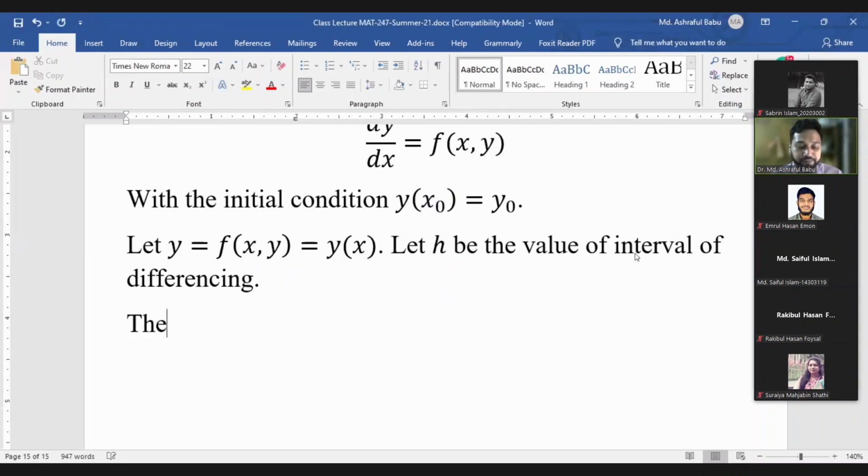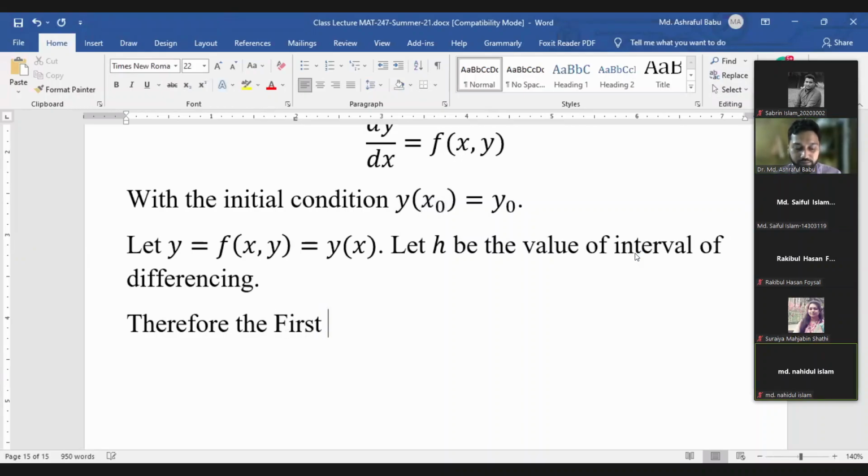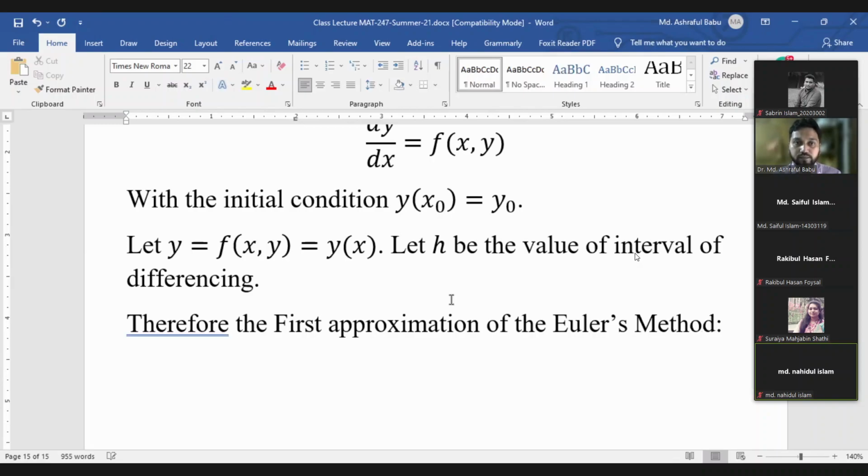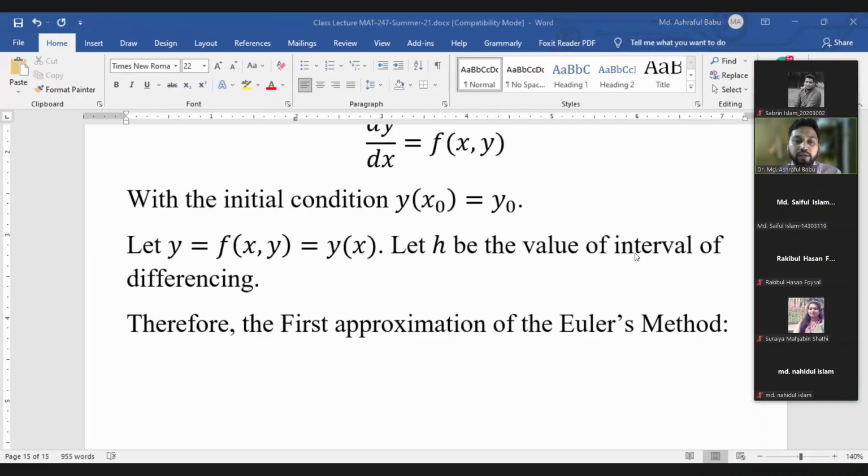Therefore, we can write y1 equal to y0 plus h times f of x0, y0. So y1 we can also write as y of x1.